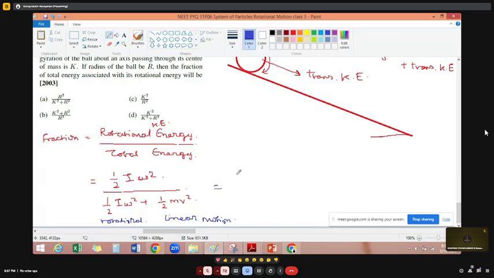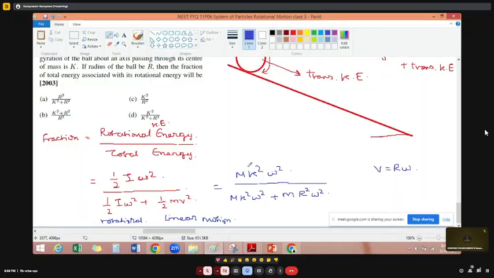Moment of inertia can be written as mk squared, with the average, right? Just now I told you 1 by 2 comes out and it will be getting cancelled out, so I don't have to worry about 1 by 2. Mk squared omega squared divided by, again this is mk squared omega squared plus m. You should know v is equal to R omega. So that means it will be R squared omega squared.